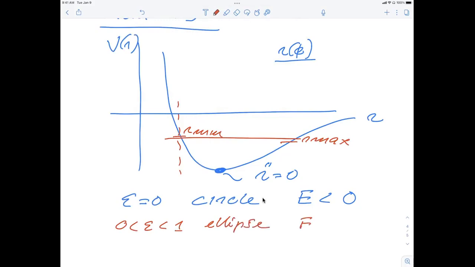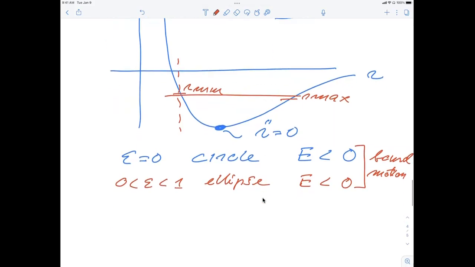The energy is still going to be less than 0. So we call this bound motion. So you're bound to move around some origin, and you don't escape that type of motion. So luckily for us, the Earth is not escaping its orbit. Hopefully that stays like that for some time.